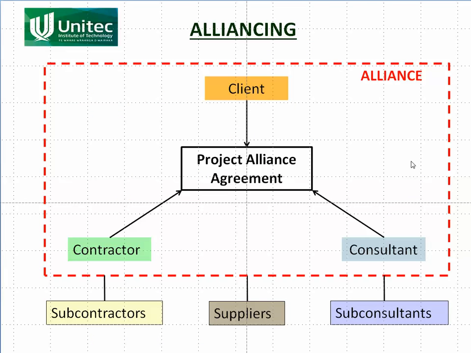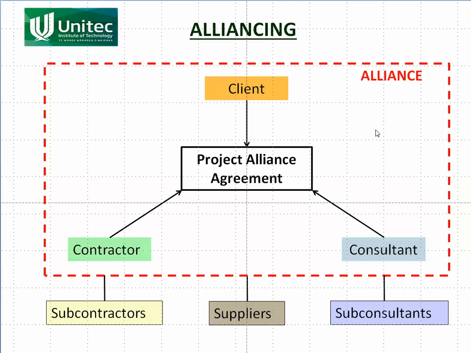Alliancing is much like partnering, except that each one of those parties now forms a company. So whether it's partnering, they agree to work together. In alliancing, they all form a separate company whose sole aim is to carry out the project. They are all shareholders in that company.